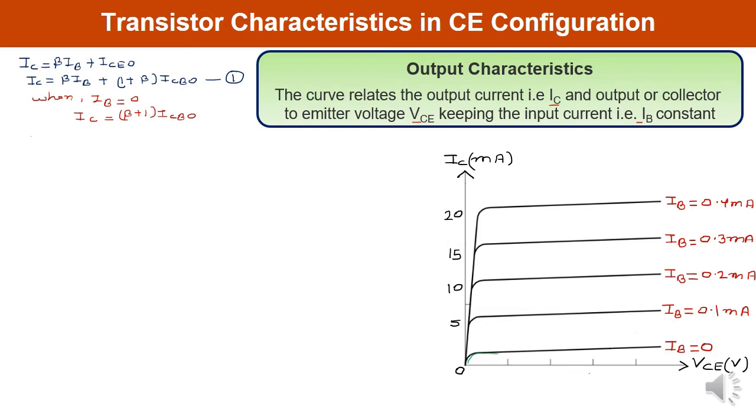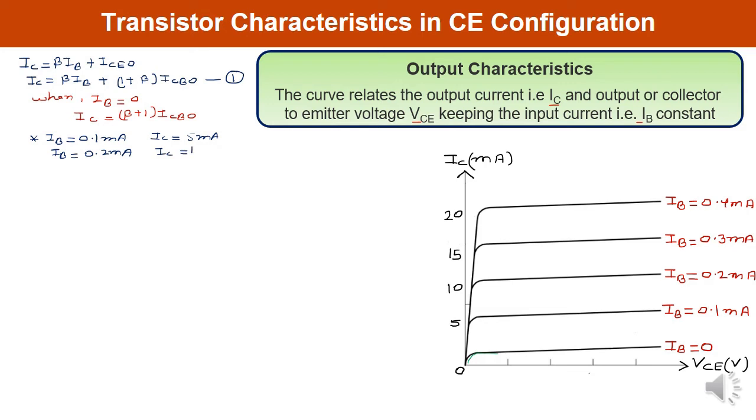See the second case, when IB is 0.1 milliampere, observe IC. IC is 5 milliampere. The next case, when IB is 0.2 milliampere, what is IC?